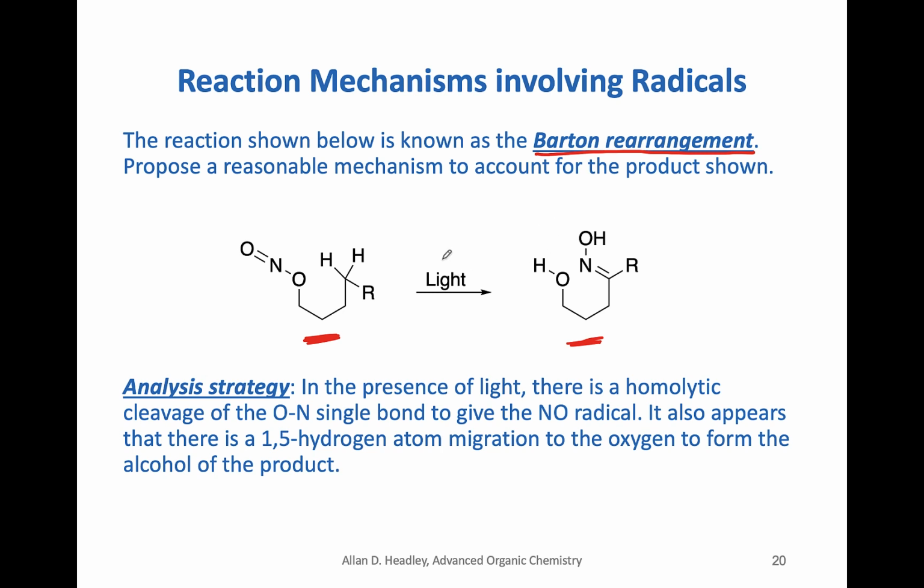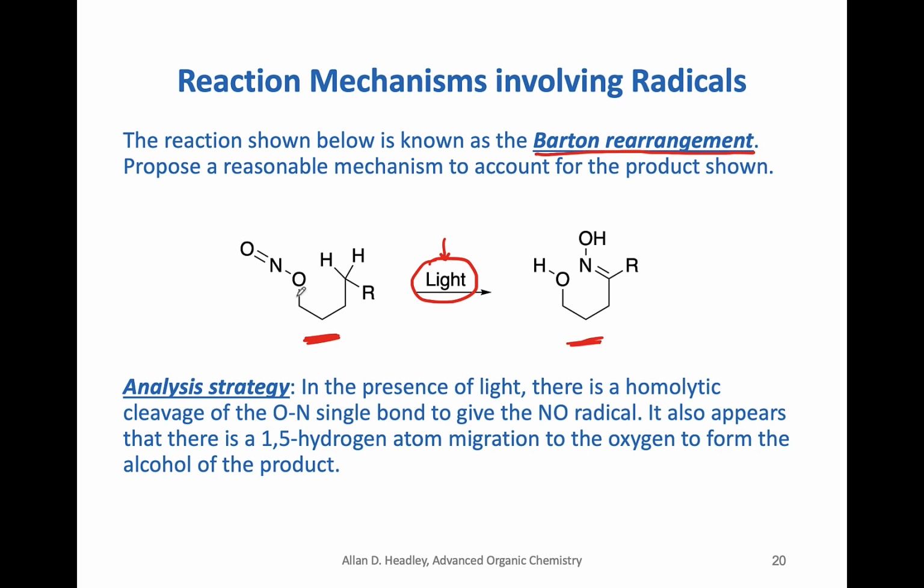Well, I see light here, which means that that energy is used to break bonds, and the weakest bond will break homolytically if the bonds have equal electronegativity. As you know, the carbon-carbon bond is pretty strong, won't break. Same for the carbon-hydrogen bond, pretty strong, won't break in the presence of light.